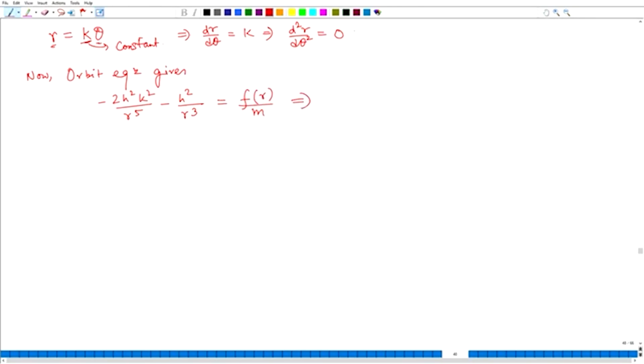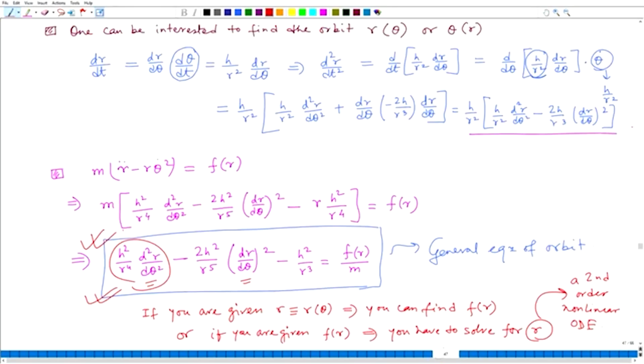So, finally, what will be your law of force? The law of force is basically f r is equal to m times minus 2h square k square by r to the 5 minus h square by r cube. Okay. So, you see this is exactly what we get directly from this orbit equation.